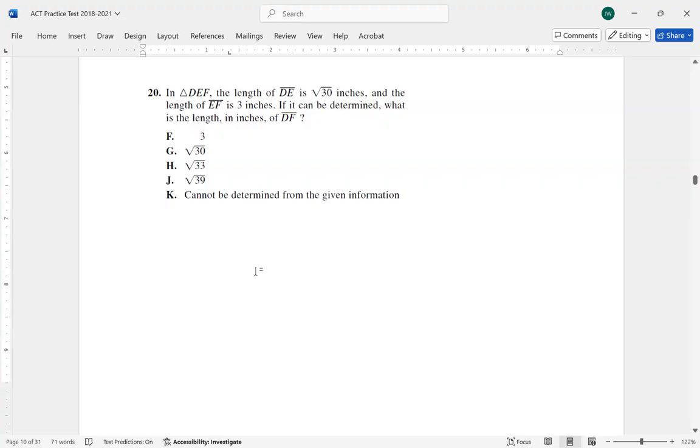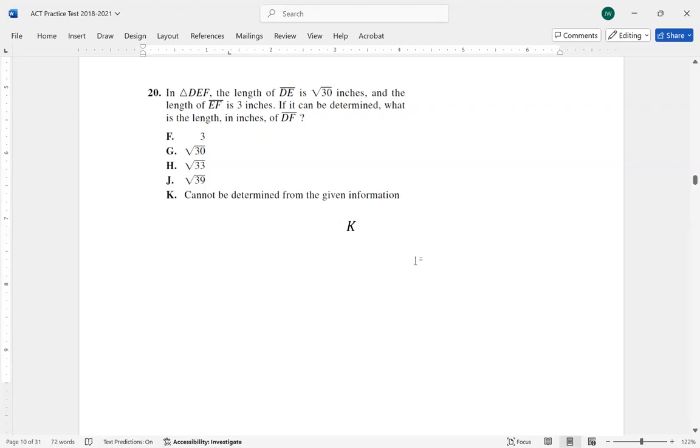Notice that we're not given any angles. To make a long story short, if I don't have angles, just having the lengths of two sides is not going to determine the length of the third side. So the answer to question 20 is K.